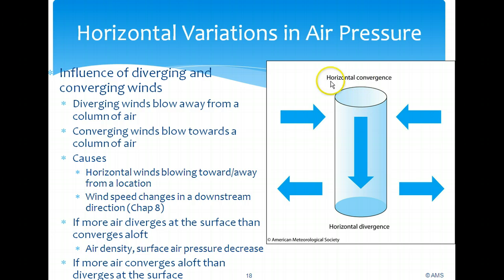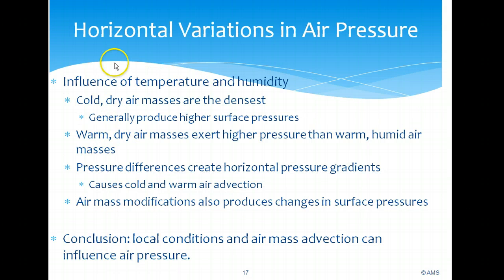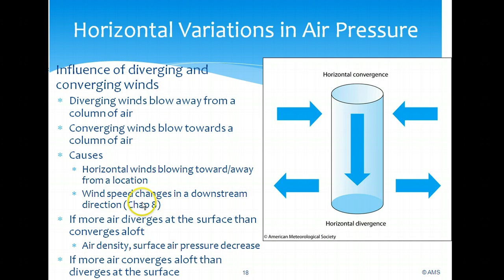In this situation we talk about horizontal convergence or converging winds. As described here, if more air diverges at the surface than converges aloft, air density and surface air pressure obviously are going to decrease. And the opposite is true if we do the reverse.